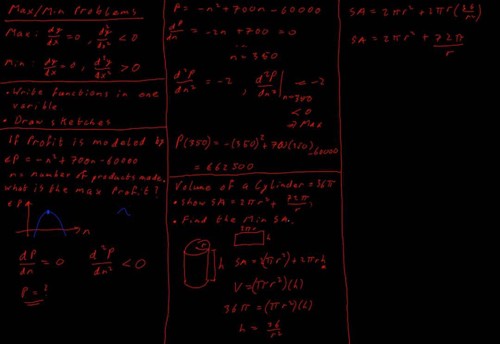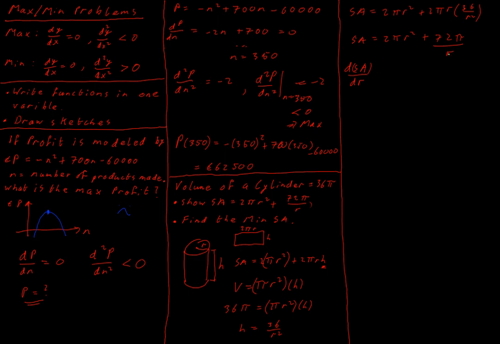Now I'm asked to find the minimum surface area. Well, I know the minimum. I have to get the dSA/dr and then set that equal to 0 and check that it is a minimum. So r is our variable.